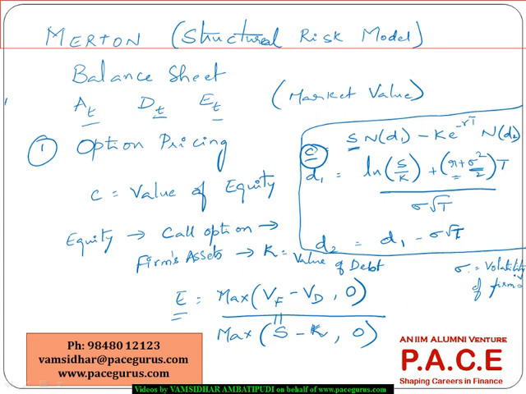And the expected return on this security, it is making an assumption that the expected return on this security and the market value of the assets are fully related. So the risk premium is nothing but mu minus r. If this is the return actually coming on this security, this excess is purely because of the risk premium.